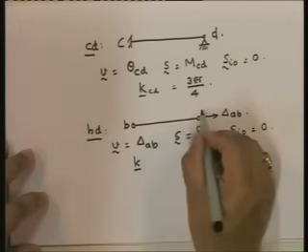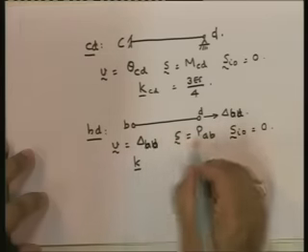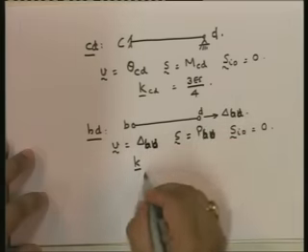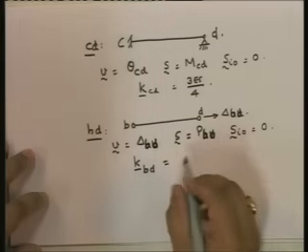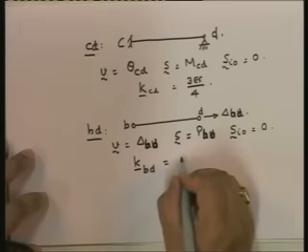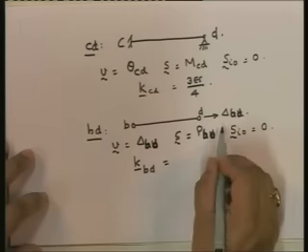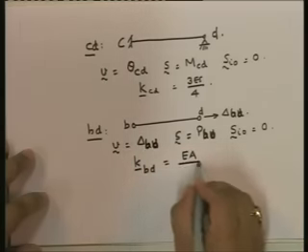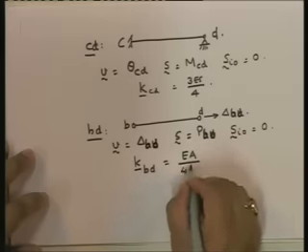Please excuse the error. K of BD essentially relates these, and you already know that delta BD is equal to P_BD into L upon EA, so K_BD, which relates P_BD to delta BD, is going to be equal to EA upon L. L here in this particular case is 4 root 2.